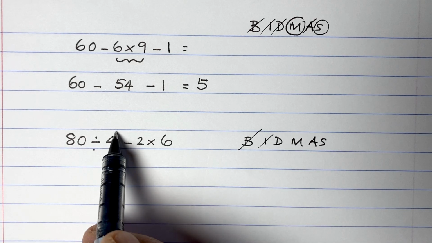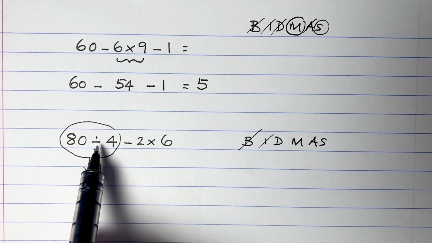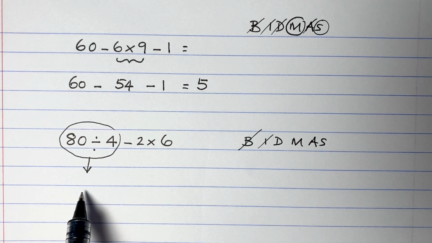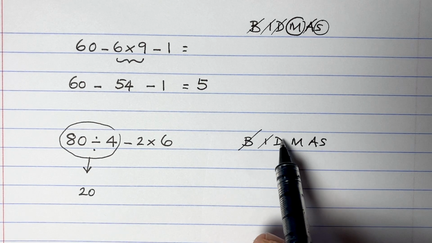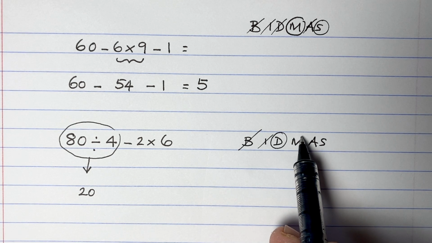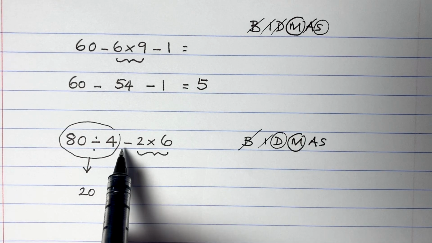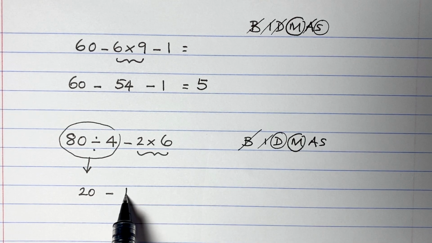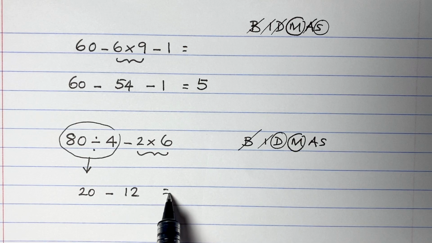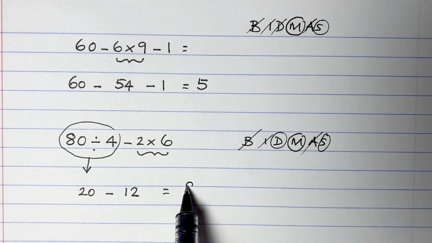We have a division here. 80 divided by 4 is 20. So we've done the division. Then we have to do the multiplication, which is here. So we have take away 2 times 6, 12. Then we do the subtraction. There is no addition. So that's 8.